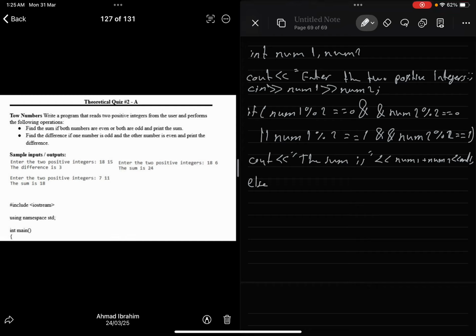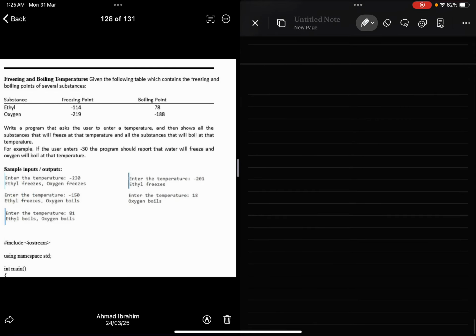Else it will be the difference, which is cout the difference is num1 minus num2, endl, and we have return 0 and close the bracket.